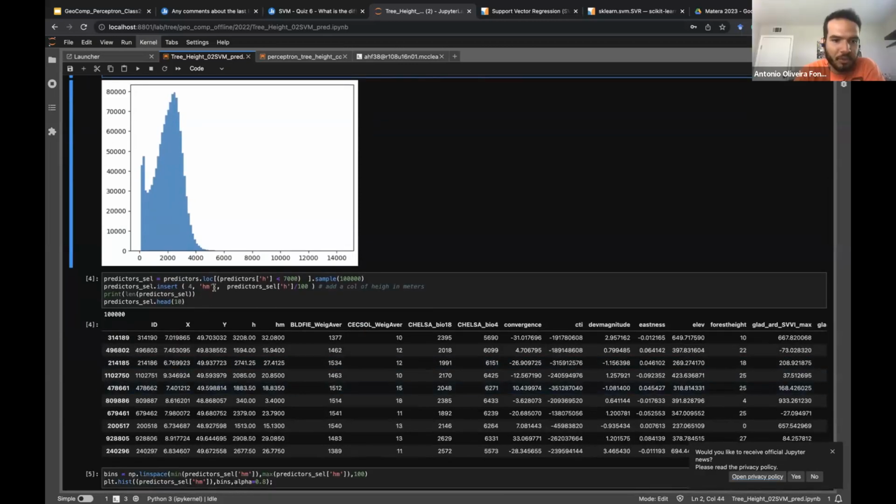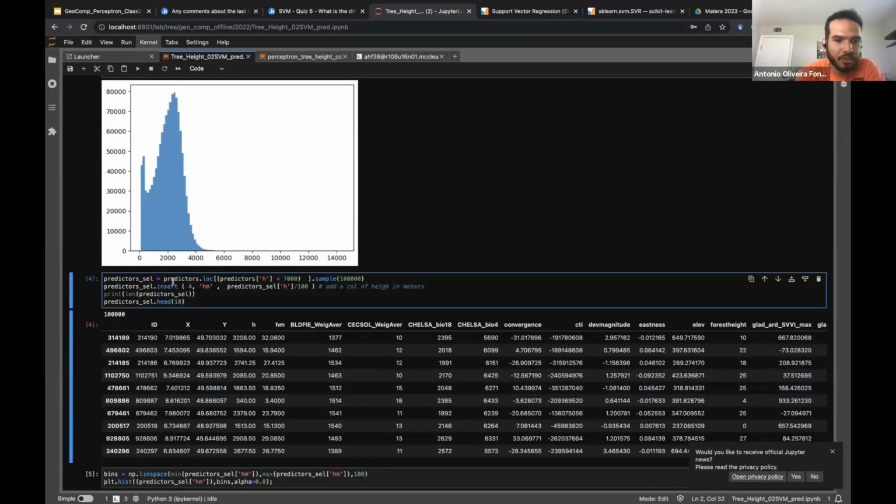That's correct. So that's the next thing that I was going to discuss. What Pepe is doing is selecting from this table everything that's below 7,000 centimeters, or 70 meters.